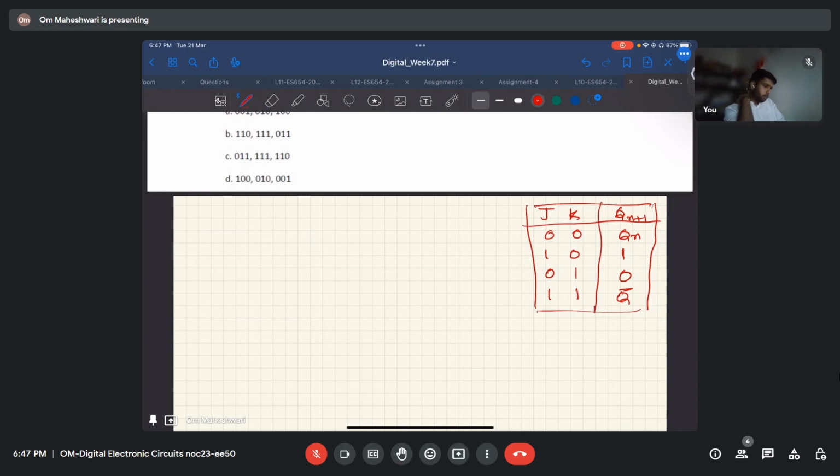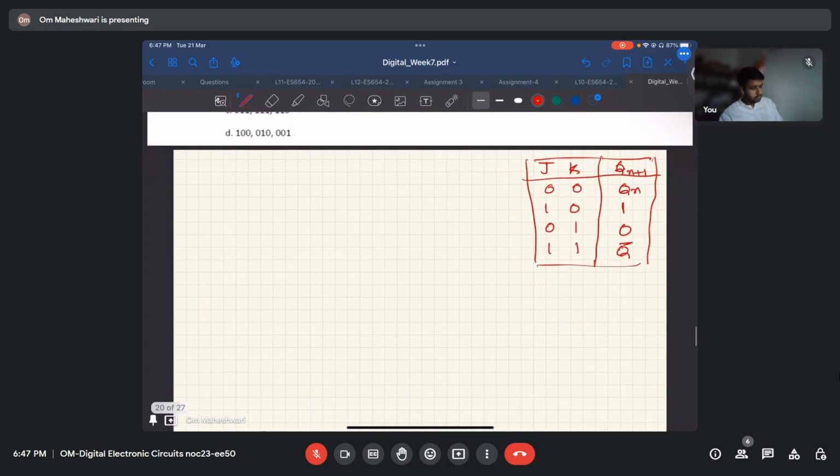Now let us make the table required. We'll have present state, inputs, next state.